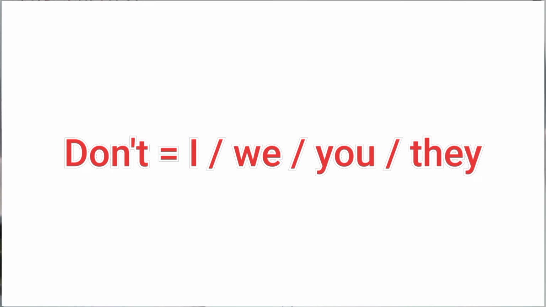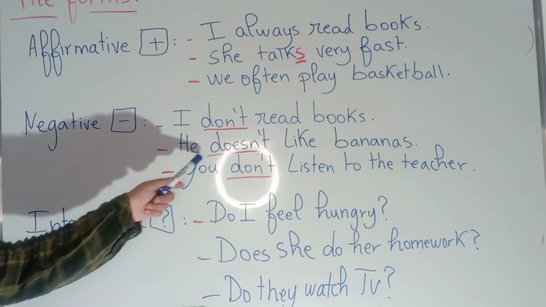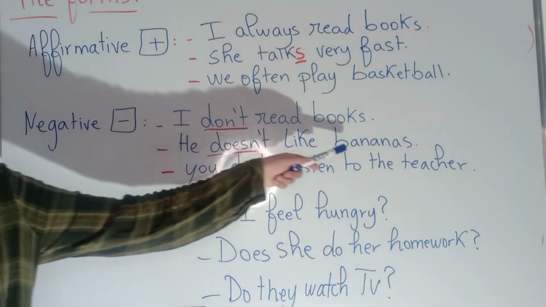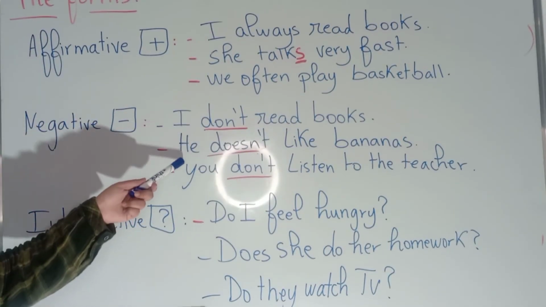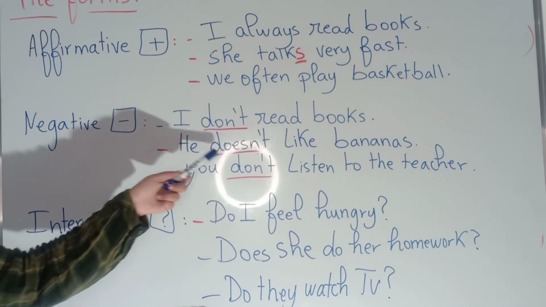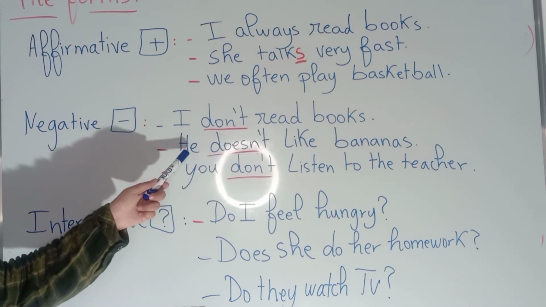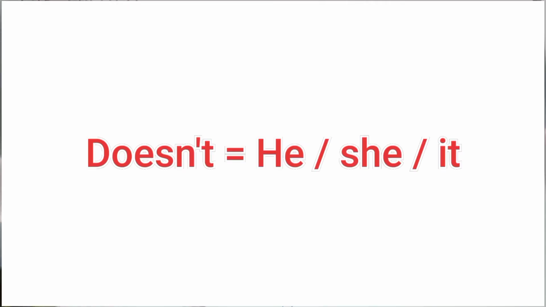We use don't when we have I, we, you, they. He doesn't like bananas. You can't say he don't, he doesn't, because we have he. Also, when we have he, she, it, we use doesn't.